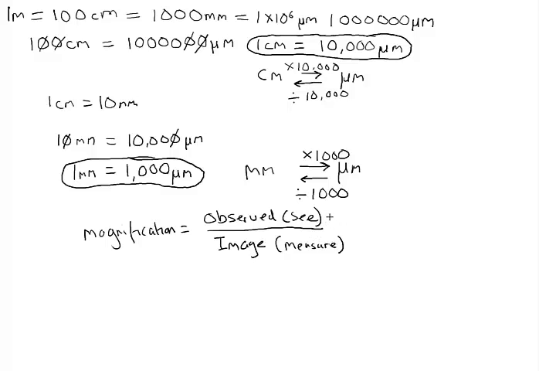So you will need to convert your observed, which is what you see, you will measure this on the piece of paper. So you'll measure in centimeters or millimeters, but you will convert to micrometers.